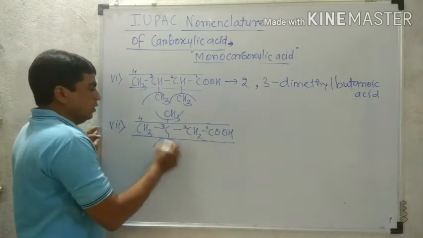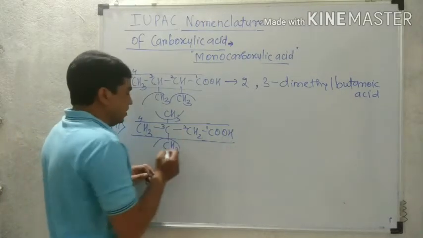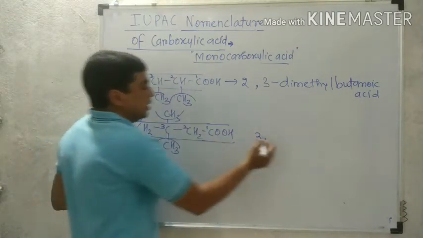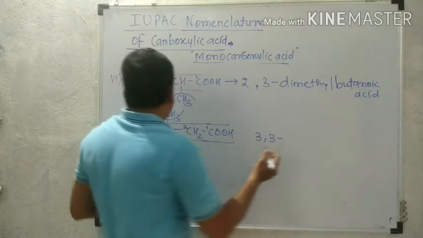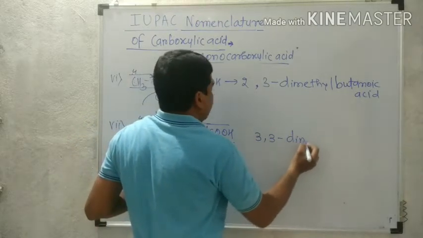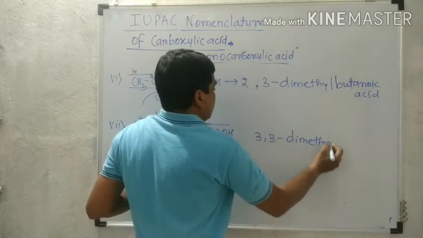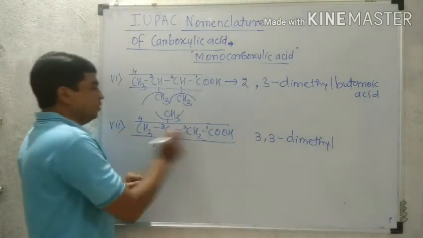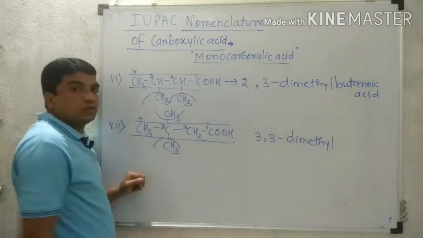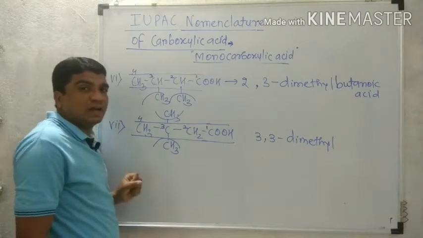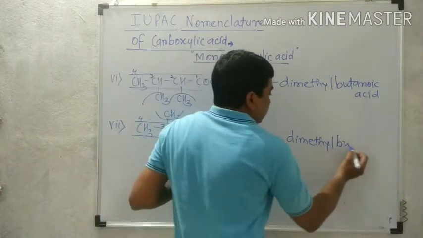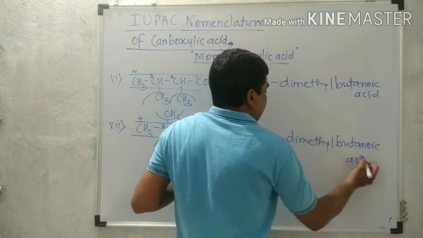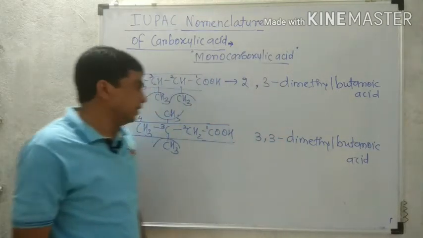Here, where the substituent is present, first at 3, and the second also at 3. They are the same, therefore di. How many? 2, dimethyl. CH3 means methyl. How many carbons remain in the chain? Four. So for the 4-carbon alkanoic acid, butanoic acid. So it is 3,3-dimethylbutanoic acid.